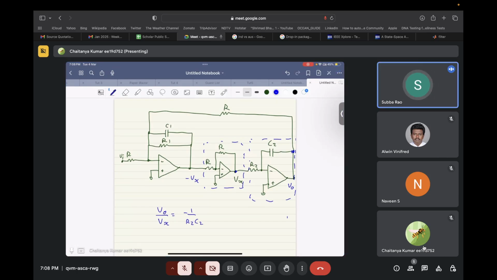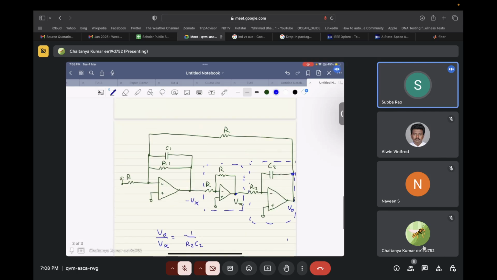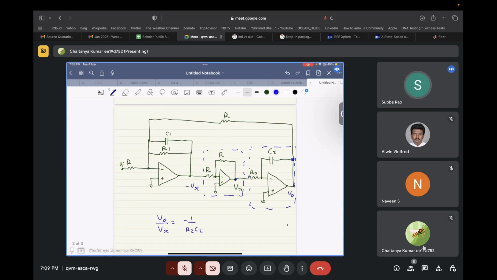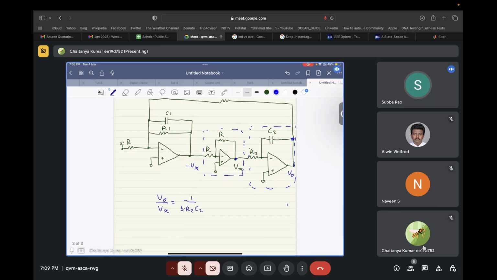But what is it in terms of the S domain, since we are trying to calculate the transfer function? What is it in terms of the Laplace domain? 1 by S. Correct. So we now know this node is minus Vx, this node is Vx, this node is equal to V naught, and V naught is equal to minus Vx by S C2 R2.